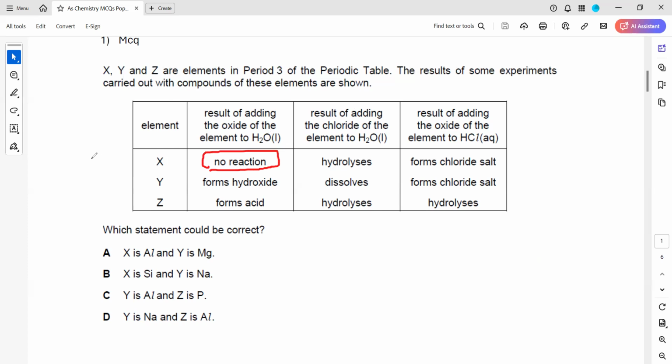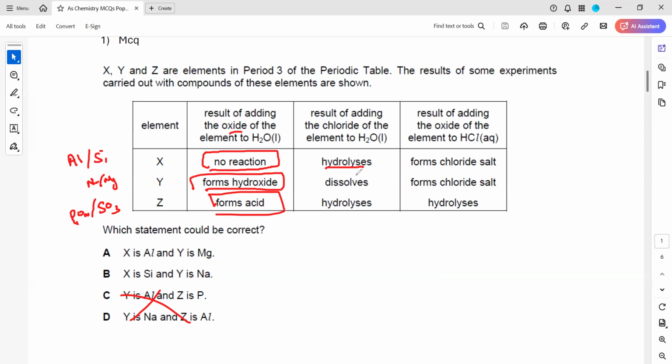No reaction can happen with either aluminium or silicon. Forming a hydroxide can happen with sodium or magnesium. Forming an acid could happen with sulfur trioxide or phosphorus oxide, P4O10, because they're acidic oxides. So we identify C or D cannot be the answer because Y could not be aluminium.